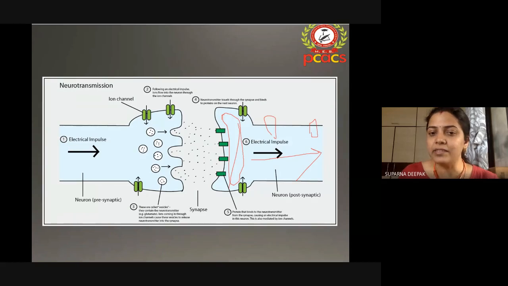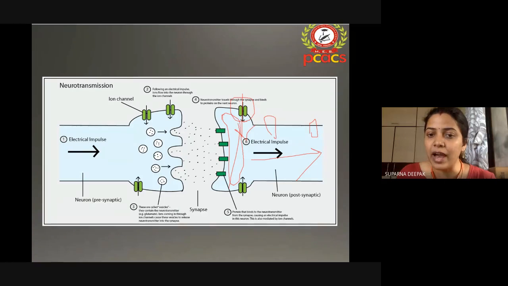So as the voltage changes in this region, this voltage sensitive channel is going to sense that change. It was minus 70 earlier, now it is getting depolarized. That change is understood by these voltage sensitive channels and they will open up. When they open up, they will allow more and more positive ions to come inside.